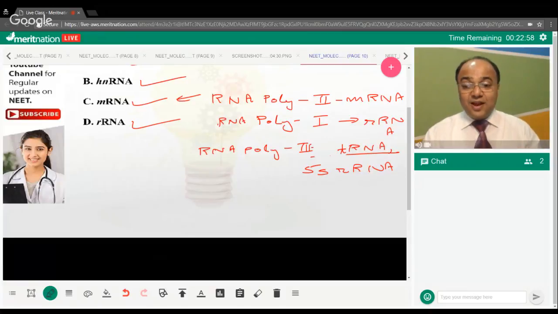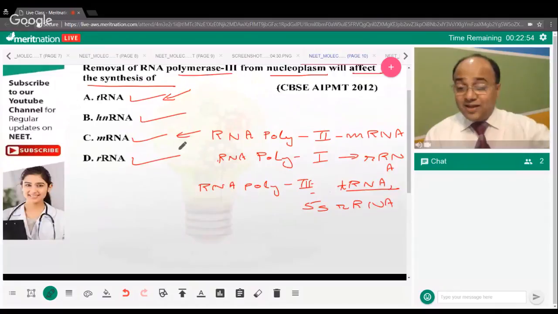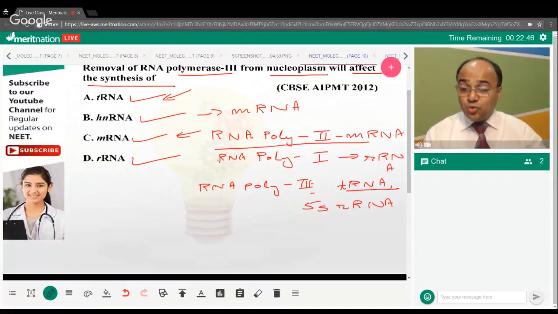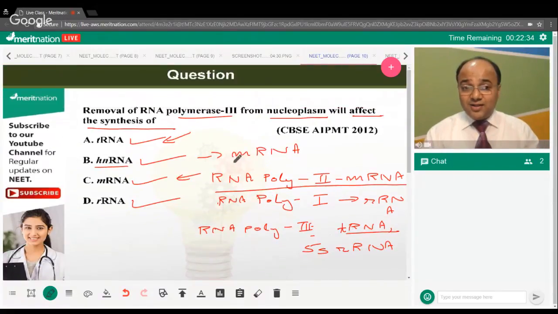Yes. Heteronuclear RNA is a mRNA in case of eukaryotic cells, which is synthesized by RNA polymerase 2, right? But it is called heteronuclear RNA because it has not undergone post-transcriptional modifications. Yes, heterogeneous nuclear RNA. No, it is not heterogeneous nuclear ribonucleoprotein.